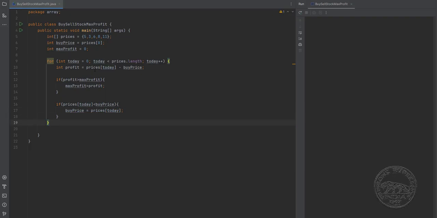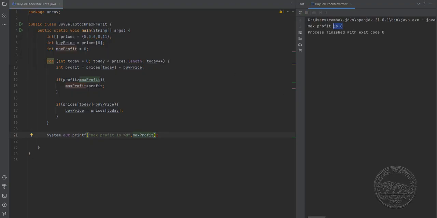And here let's print the max profit. So this is going to be our max profit is, and if we run it, the max profit will be 8, and you're going to buy here and you're going to sell here.